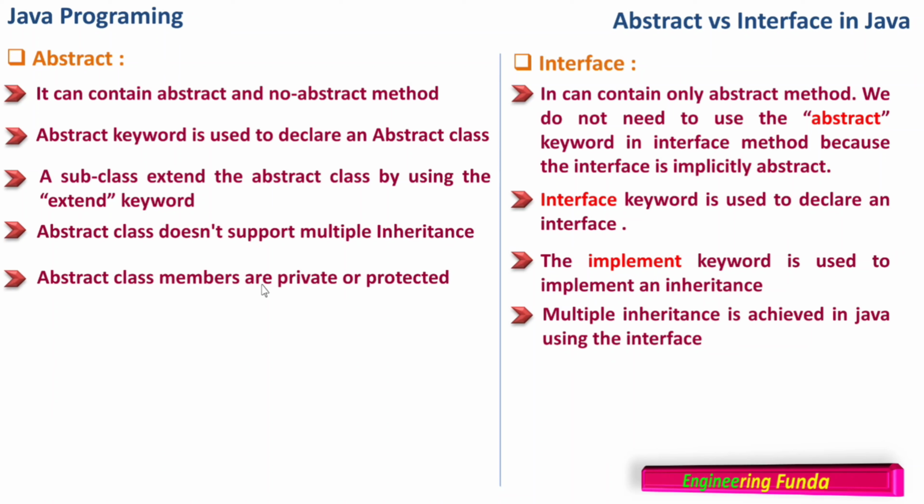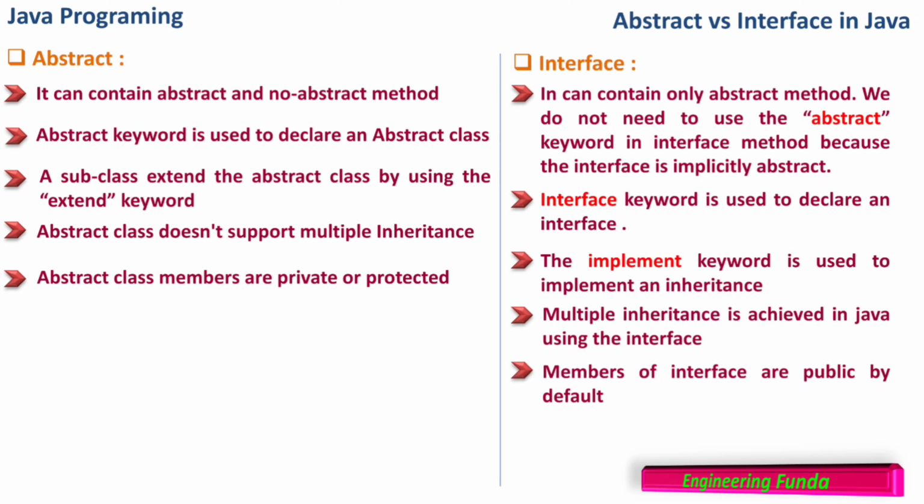Abstract class members are private or protected. Because in an abstract class we are trying to close the class so that nothing is known outside the class, hence the members are private or protected. But members of an interface are public by default, because the reason is the same that we have already said.